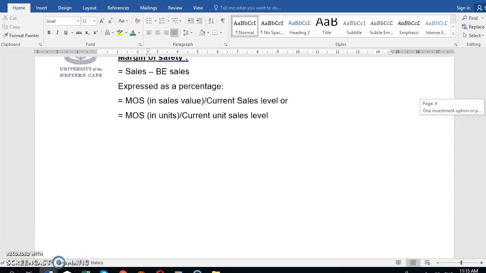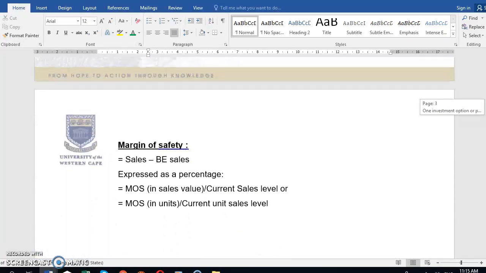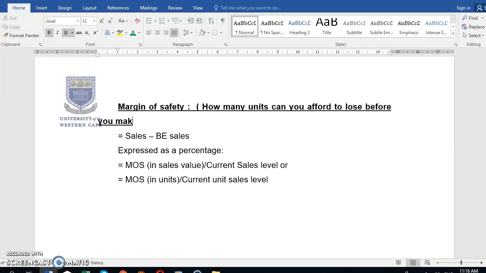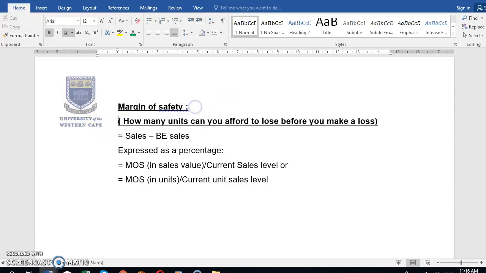Then the last concept before we do a short example is the concept of margin of safety. Basically, margin of safety is how many units you can afford to lose before you make a loss.